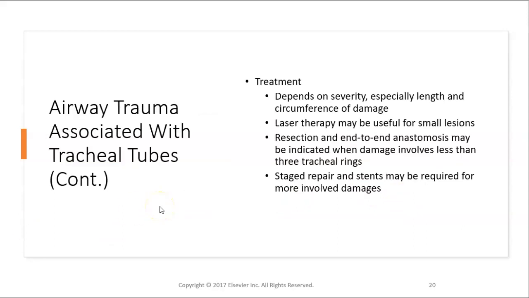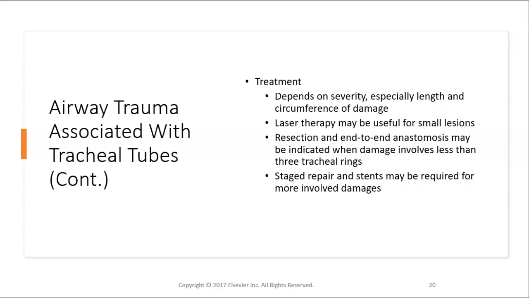Okay. So for these tracheoesophageal fistulas, usually the diagnosis is made from a history of a lot of aspiration. If the patient is aspirating a lot, you can assume there's some hole or direct communication between the trachea and the esophagus.